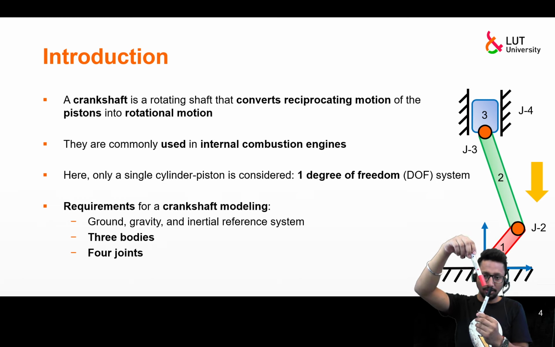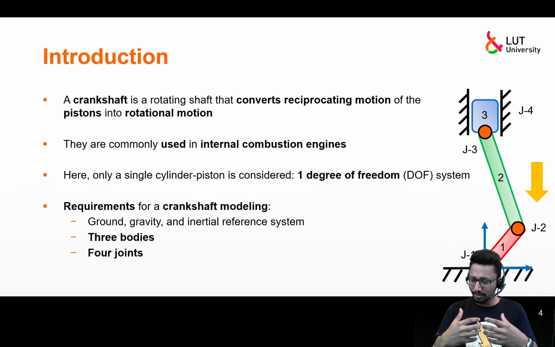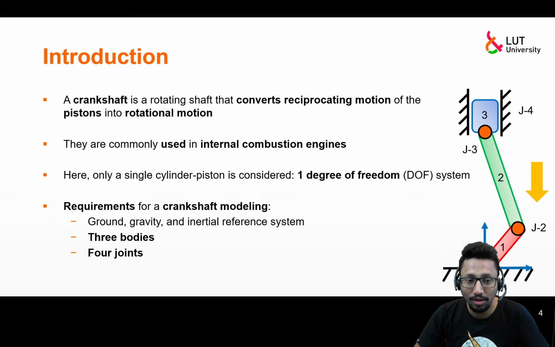Now, you realize I'm not naming them as body 1, 2 and 3, but I'm using more sophisticated names like crank, because we are engineers and it's very important for us to know the exact nomenclature as well. So body 1 is called crank, body 2 is called connecting rod, body 3 is called piston.